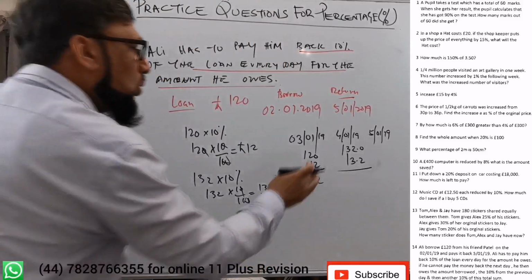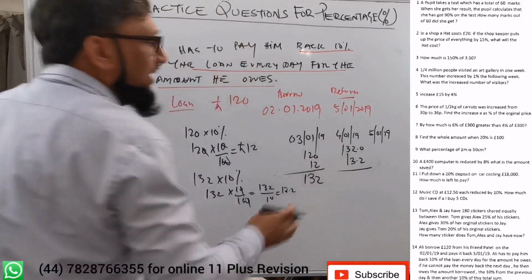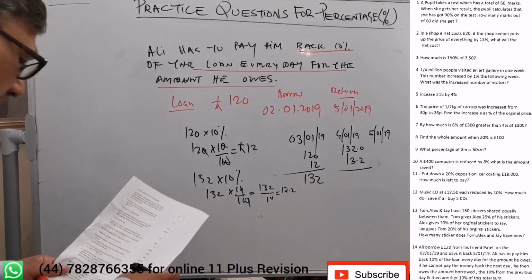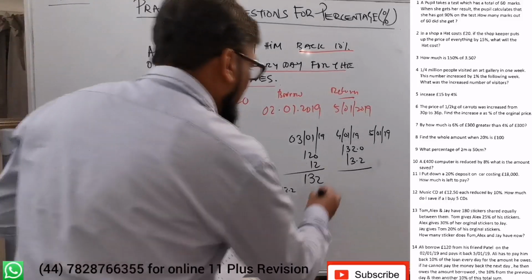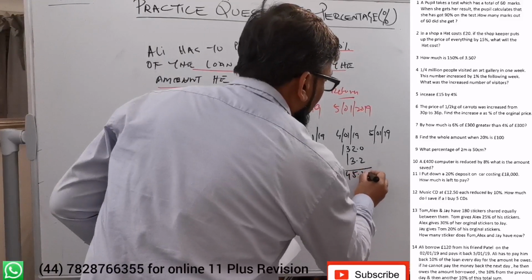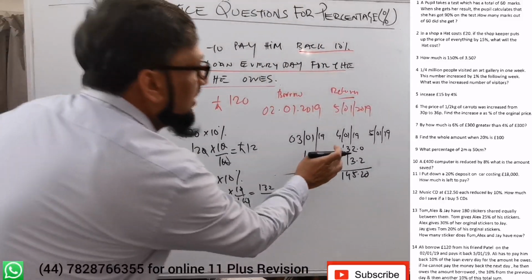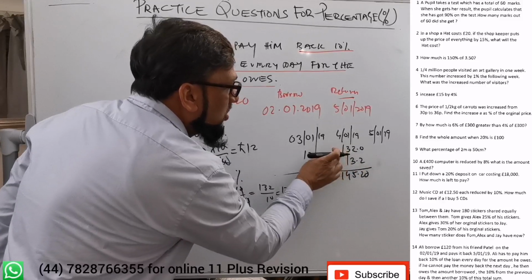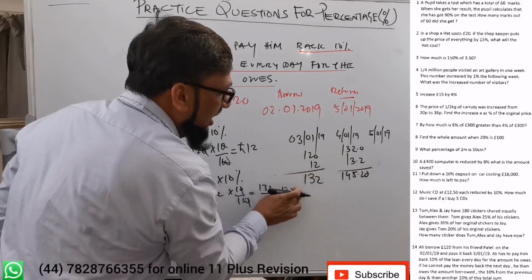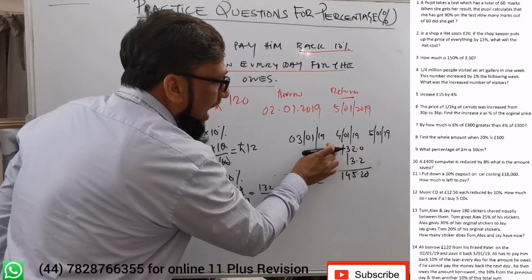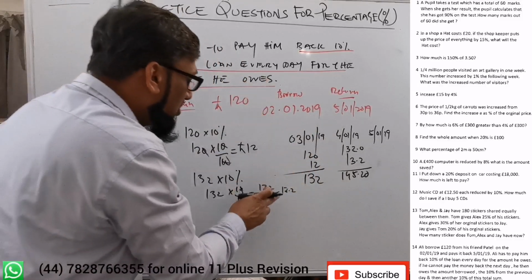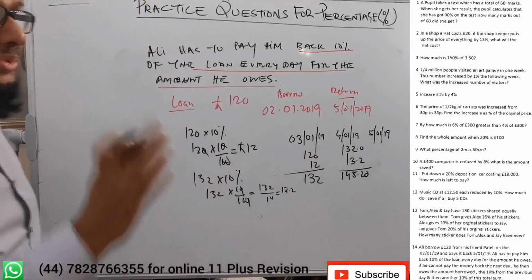And the total outstanding amount, outstanding means the amount he owes, which is 145 pounds and 20 pence. If you add 132, this is the amount he owes on the 3rd of January, which I carry forward, and on this amount you need to calculate the interest, which is 10%.